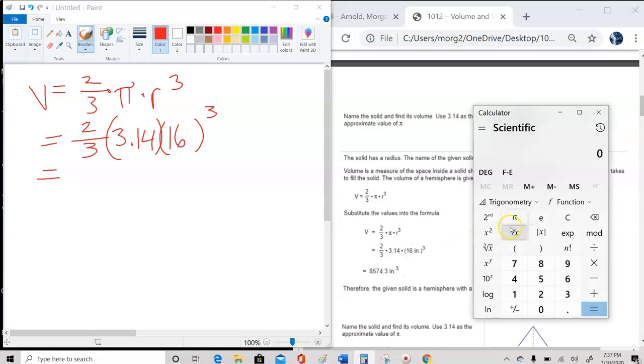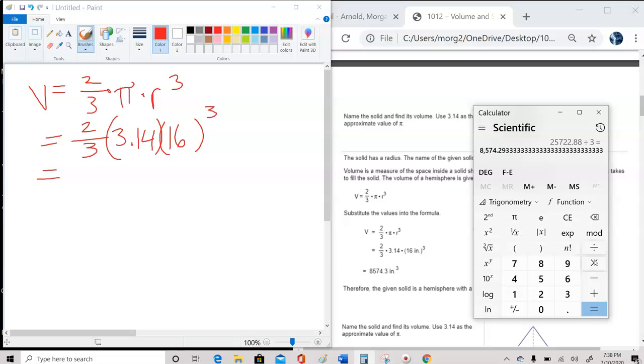So let me pull up my calculator. 16, and then my exponent key, and then my actual exponent, and then times 3.14 times 2, and then let's divide that all by the denominator 3.